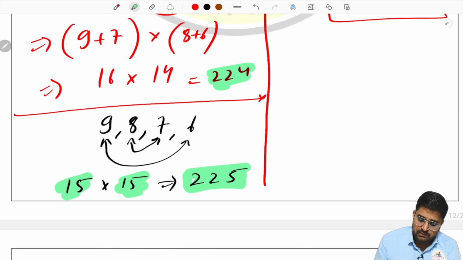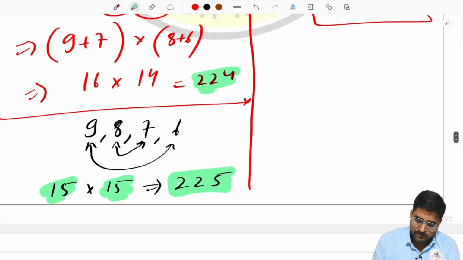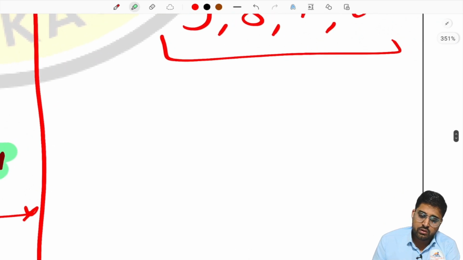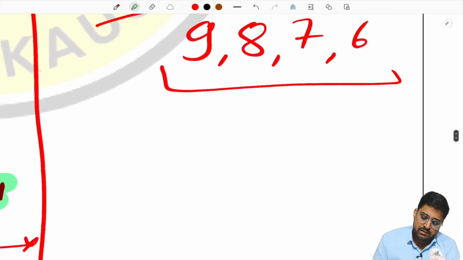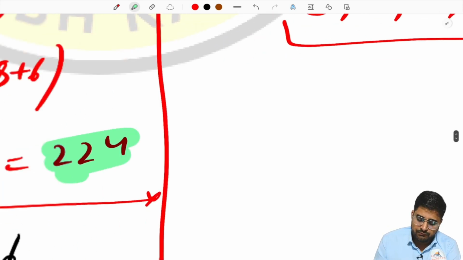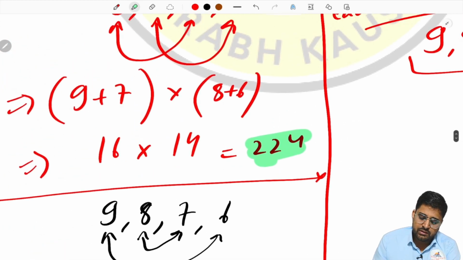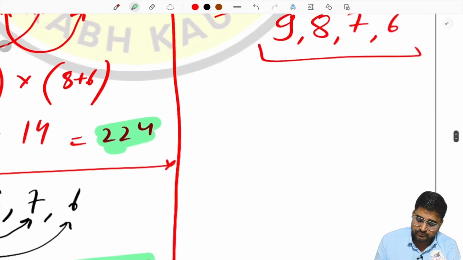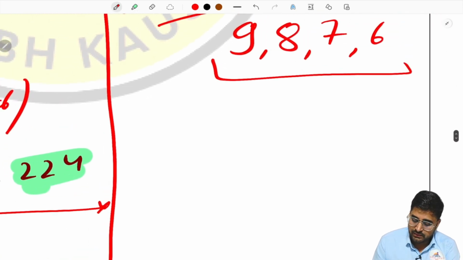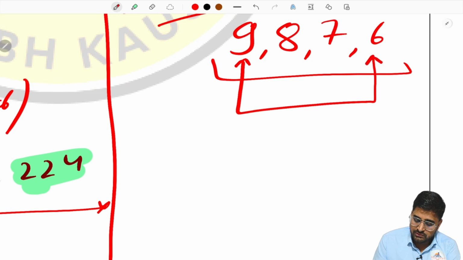So this is the basic theorem which maxima minima states. If you want to calculate the greatest number, always try to make both parts as equal as you can. If 15 is not possible, then this much can work. If this cannot be, then this will work. So try to balance the equation. Here the only thing which can balance is 9 plus 6 and 8 plus 7.